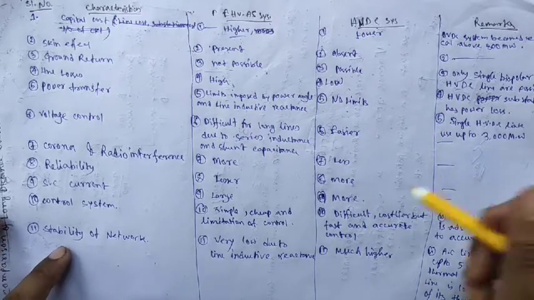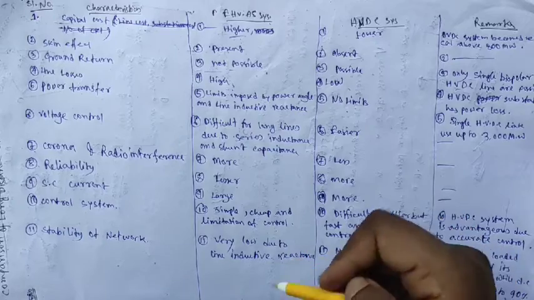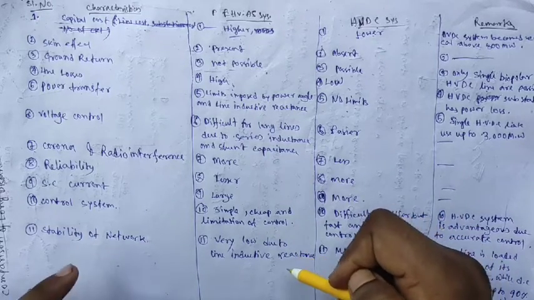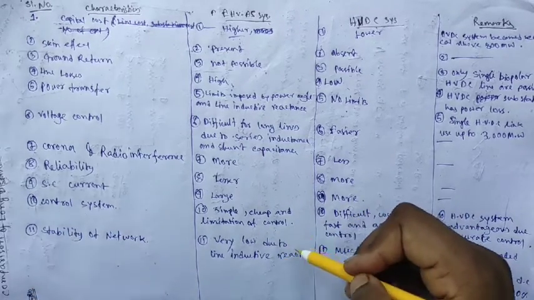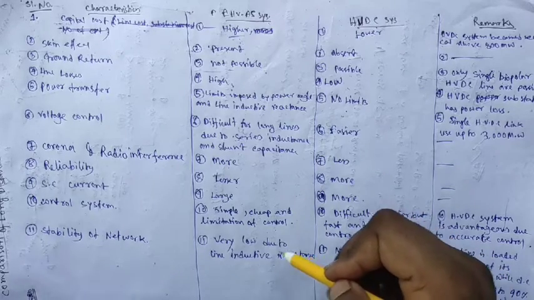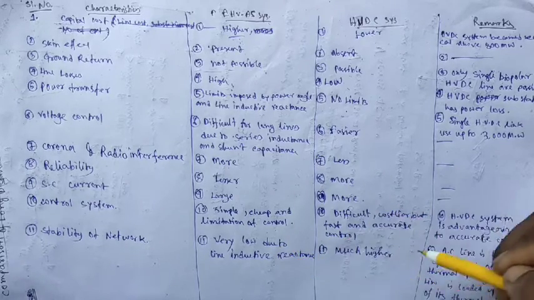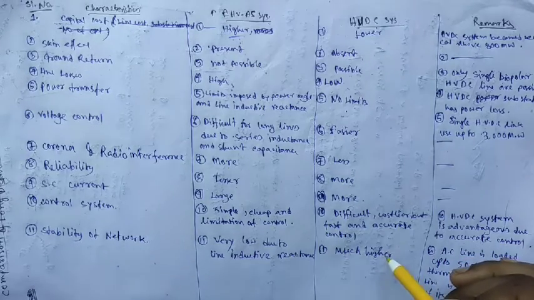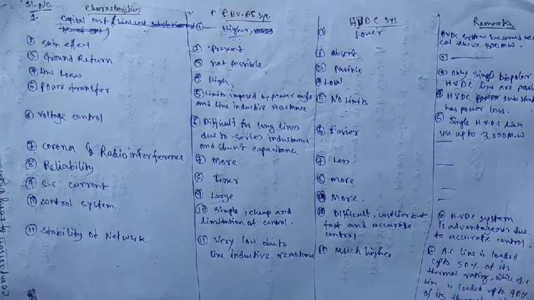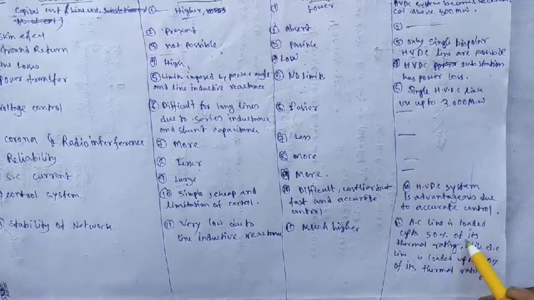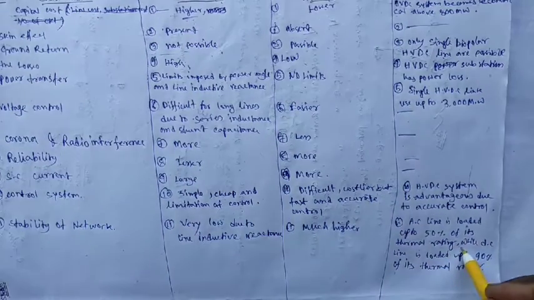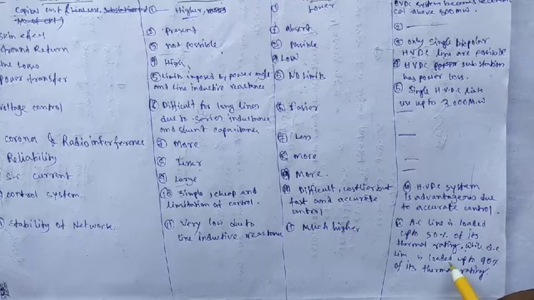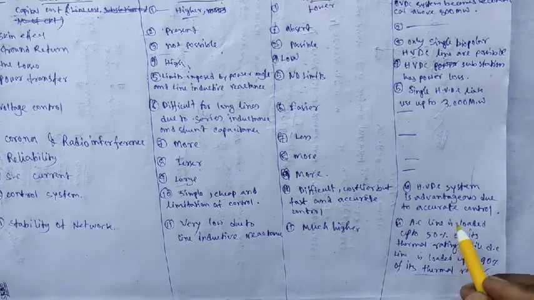Stability of the network is very low due to line inductance and reactance. The stability of the network is low due to the line inductance and reactance because it is present in the AC system, but here it is much higher because of low inductance and reactance. An AC line is loaded up to 50% of its thermal rating, while a DC line is loaded up to 90% of thermal rating.